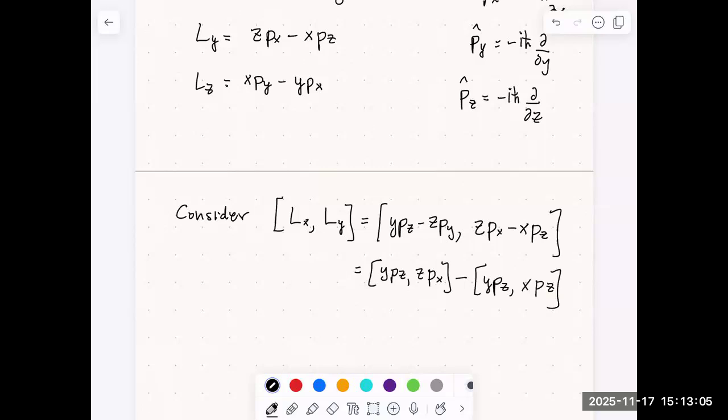And there's going to be another minus, the commutator of z py with z px. Then there's going to be a plus, because the minus and the minus is a plus, the commutator of z py with x pz.